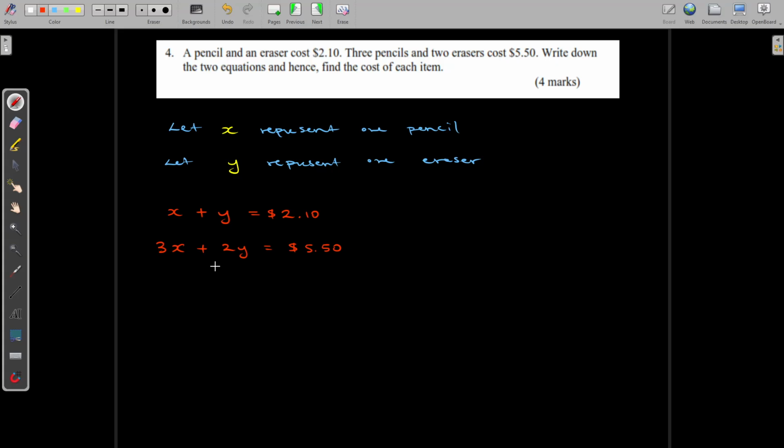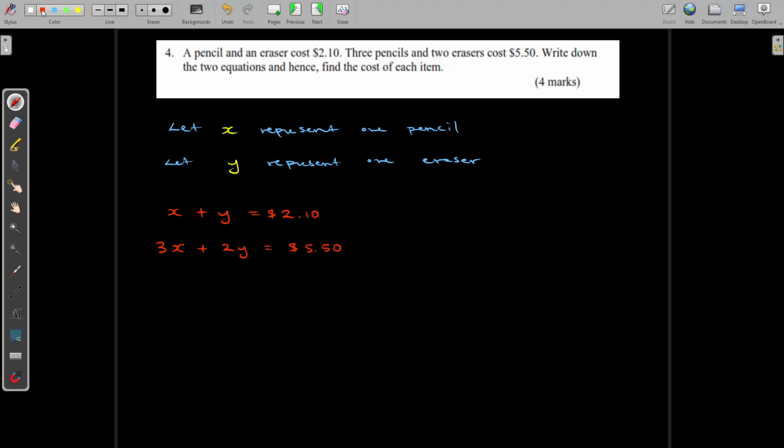So these would be your 2 equations. Hence, find the cost of each item. So if we're looking at these equations, we're going to be solving them simultaneously. And we can ignore the dollar sign for now. Just know that we're working with money. So the equations, x plus y equals 2.10. 3x plus 2y equals 5.50.